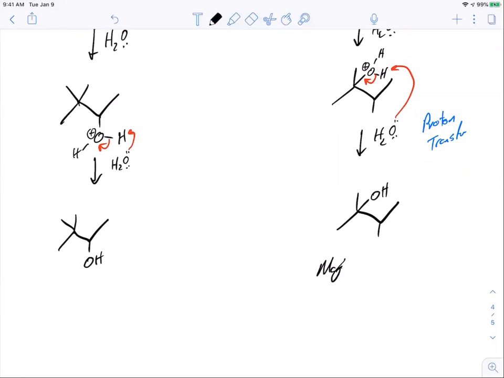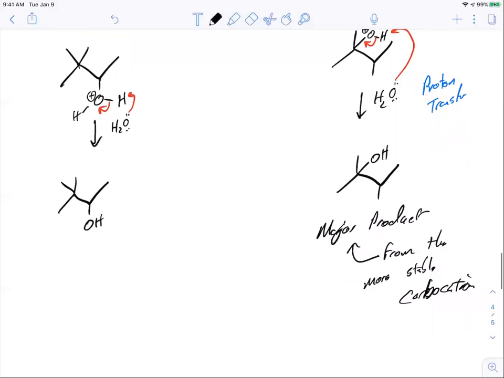And then this is the major product, from the more stable carbocation.